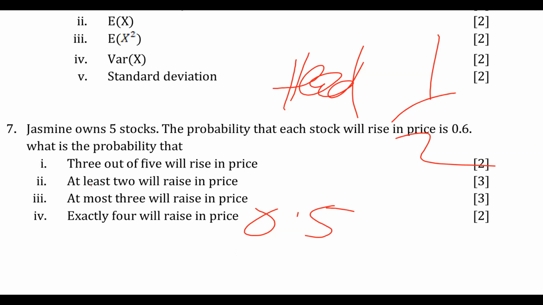Maybe you're studying pens, the probability of picking a defective pen. When you group the pens, you can only have defective pens or non-defective pens, like normal, good pens. So in short, the probability of success and the probability of failure sum up to one.